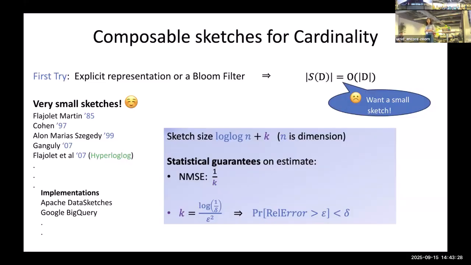The sketch size is log n plus k, where n is our dimension and k is related to our error rate. For example, k is defined as log of 1/delta over epsilon squared, where epsilon is the threshold on the error that we will tolerate, and we don't want this to happen too often, so we bound it by delta.